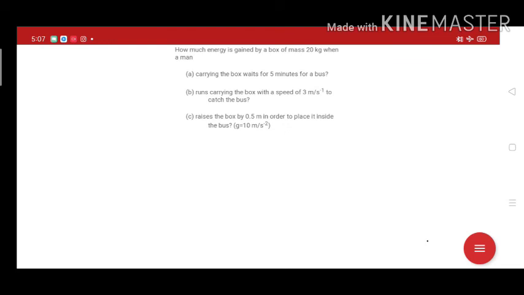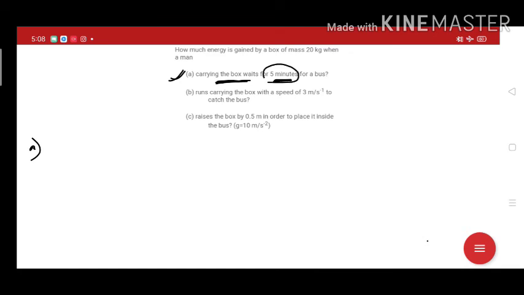How much energy is gained by a box of mass 20 kg when a man carrying the box waits for 5 minutes for a bus? Okay, so for the part A, the man is actually holding the box at a certain height and he is not moving, so there is no displacement, means there is no work done for that particular 5 minutes.